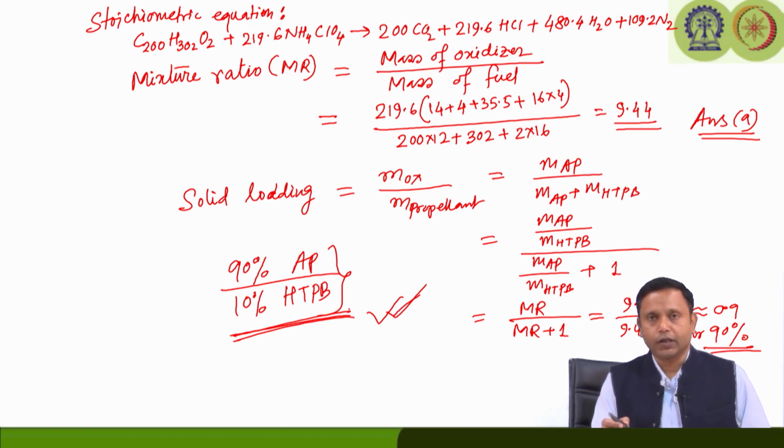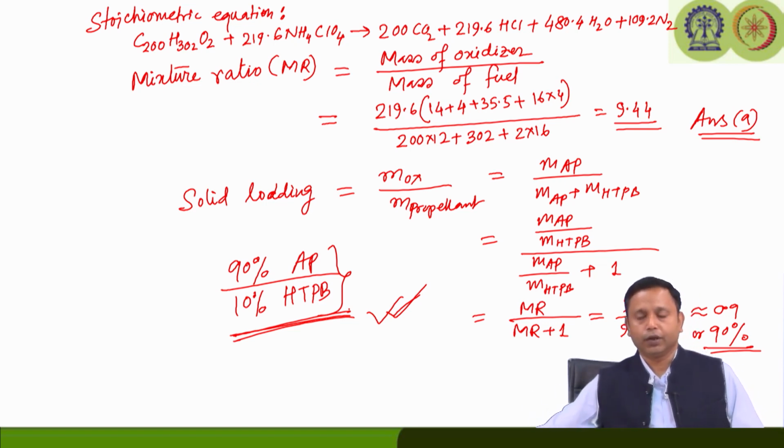So, we can take the example of a solid composite propellant where aluminum particles will be there as a fuel, HTPB will be there as a binder, and ammonium perchlorate will be present as oxidizer. From there we will try to see whether it is becoming fuel rich or oxidizer rich, and we will try to calculate and understand. So, let us look at the second problem.